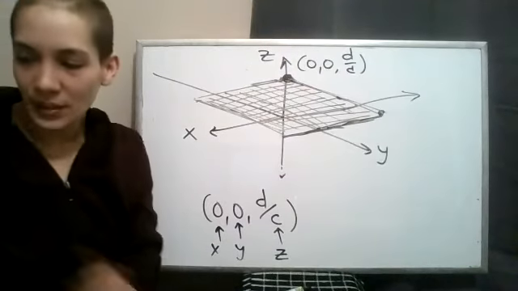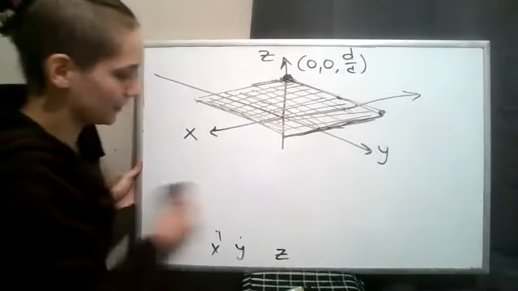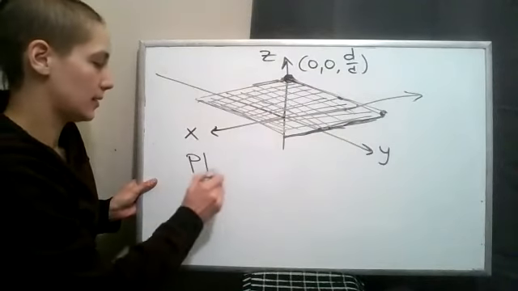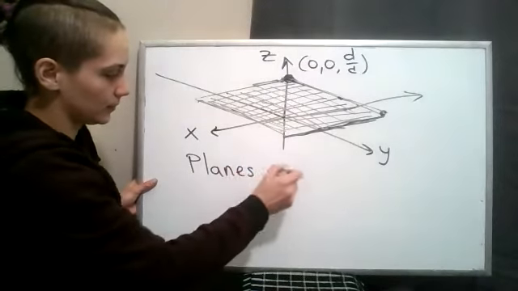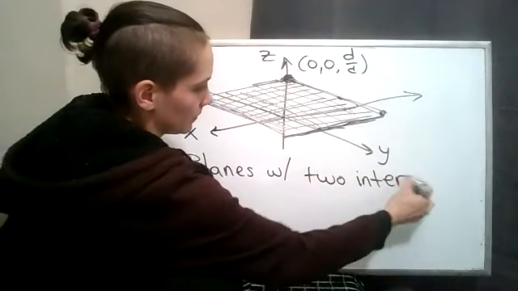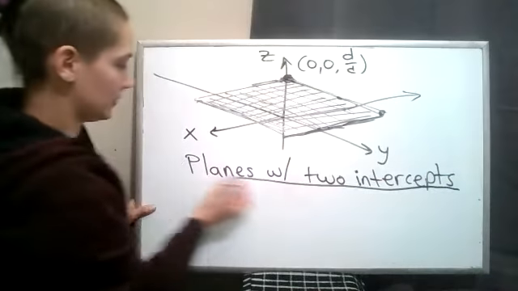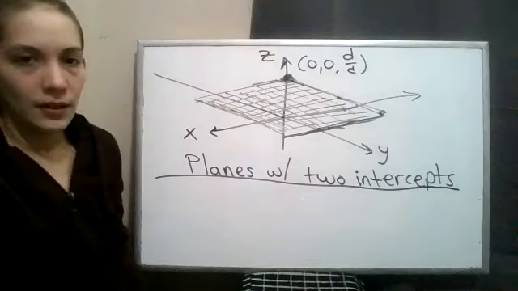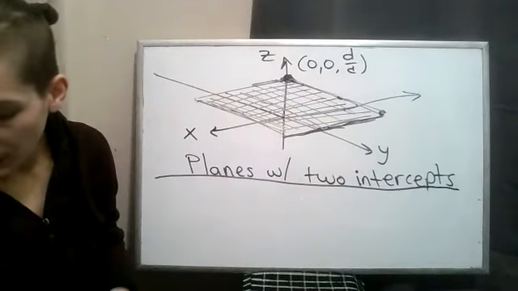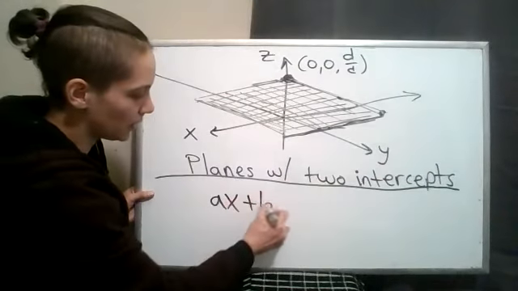Cool. So these planes are going to have two intercepts. There are ones with xy intercepts. This one is going to look like ax plus by equals c.